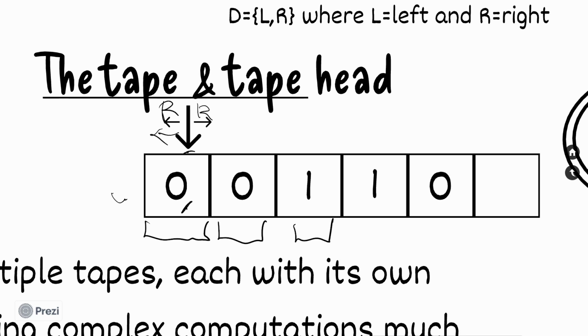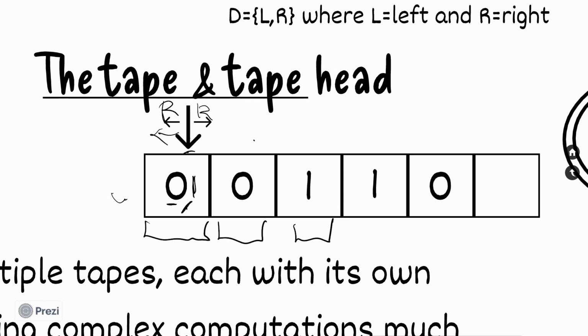If there is nothing to write or to change, the tape head will usually write what it has read. In this case, on transitioning one cell to the right, it will just write 0.